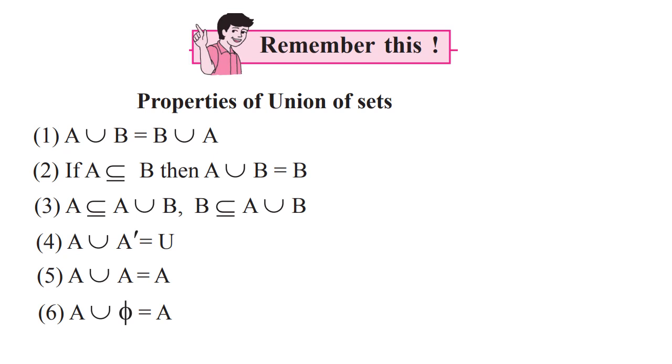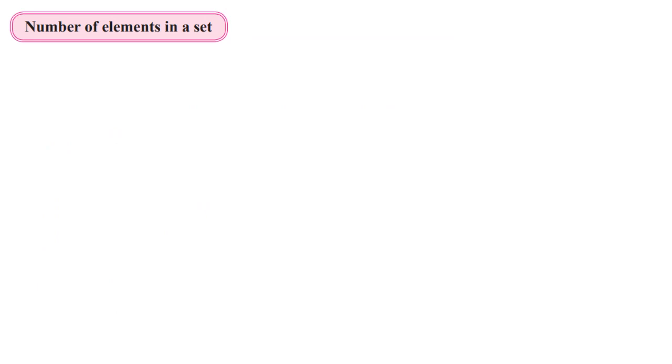Now we are going towards the last topic of this chapter, that is the number of elements in a set. Okay. Now let us try to understand how to find or how to write the number of elements in a set. For that purpose, we will take one example. Suppose I have set A where I have elements 3, 6, 9, 12 and 15.